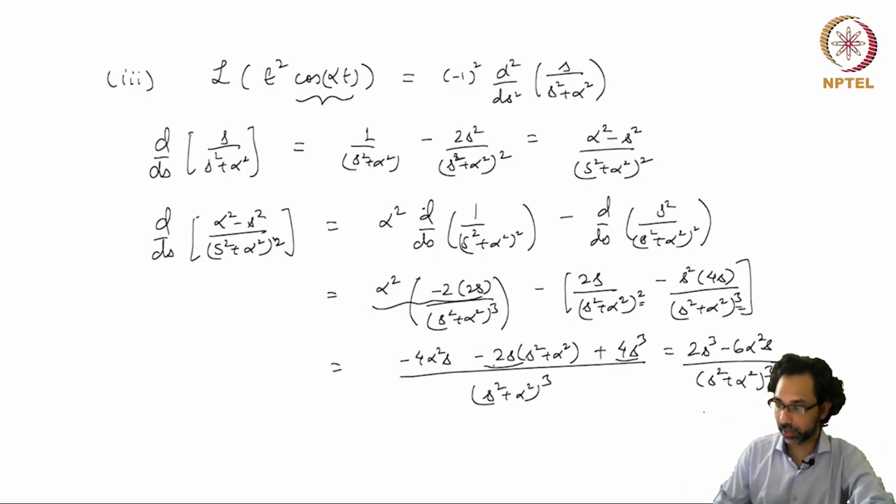This is the final answer, and this is valid for s greater than 0. So we have computed the Laplace transform of t square cos alpha t using this derivative rule. So one can do for higher powers as well, as long as one is willing to compute the derivative up to that order.